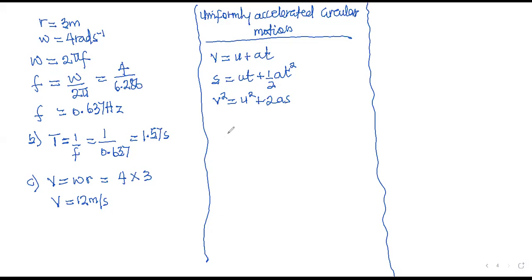And sometimes we include this, which is not a major equation, but we usually include that as well: S is equal to (U plus V) over 2 times T. Equations of linear accelerated motion.